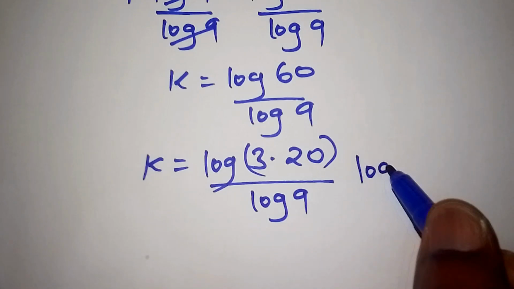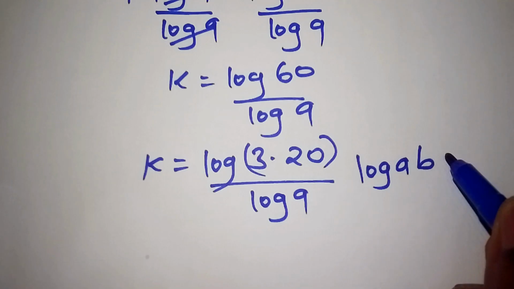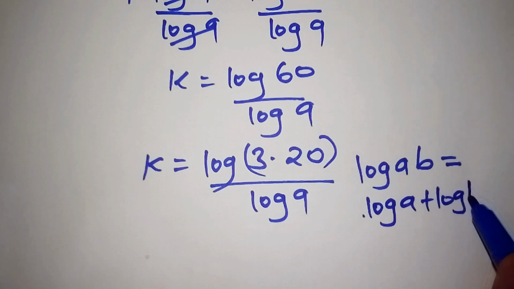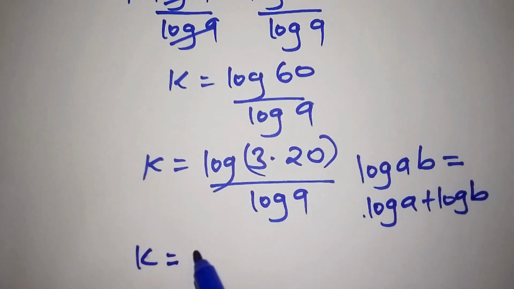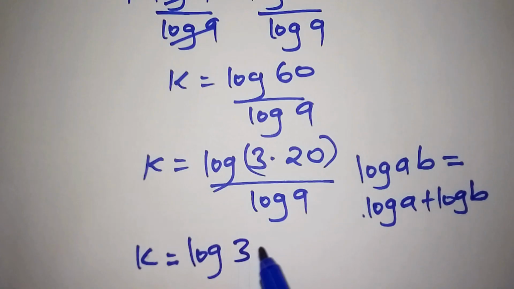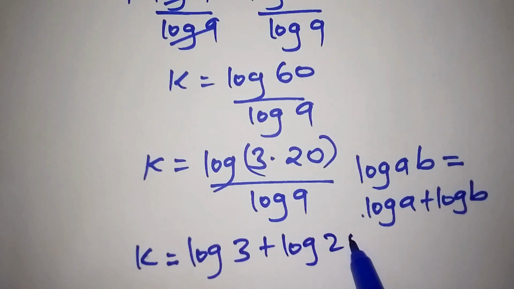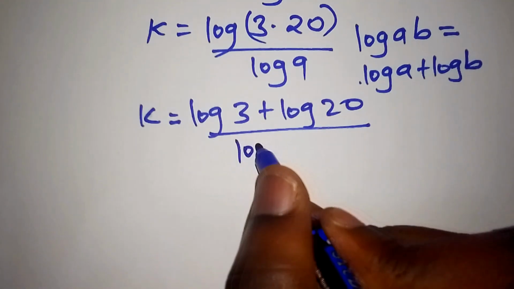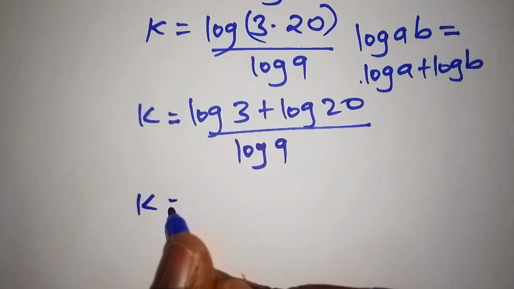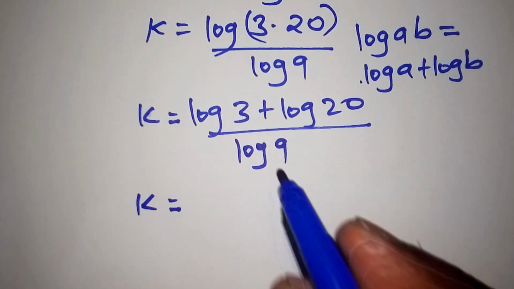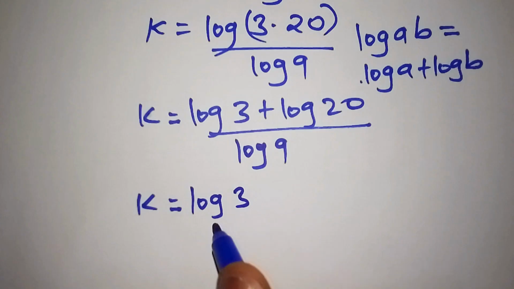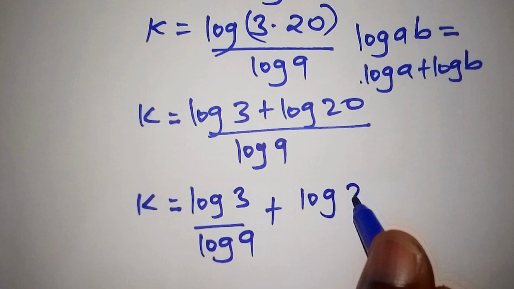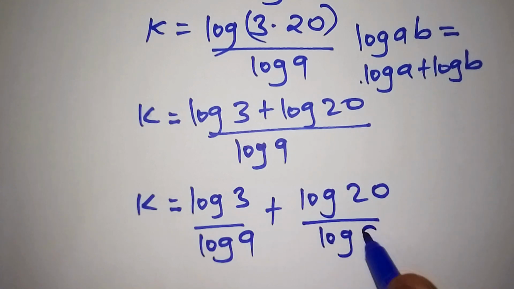When you have, for example, the log of a multiplied by b, this can also be written as the log of a plus the log of b. So now k is written as the log of 3 plus the log of 20, all over the log of 9. Now we divide both sides by the log of 9, so we have log 3 all over the log of 9 plus log 20 all over the log of 9.